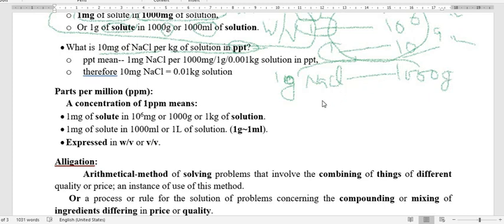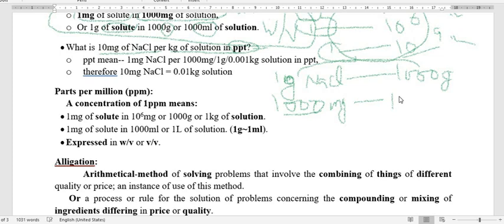Here that is telling, so you have to now convert. If you are going to convert 1 gram, 1 gram is equal to 1000 milligram. So this 1000 milligram of NaCl is present in, then you have to multiply here with 10 power 3.